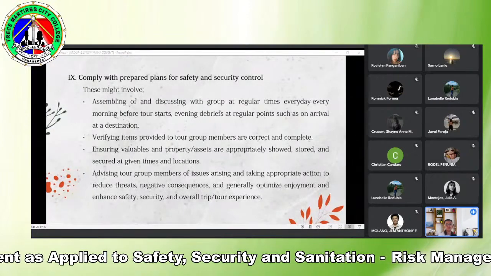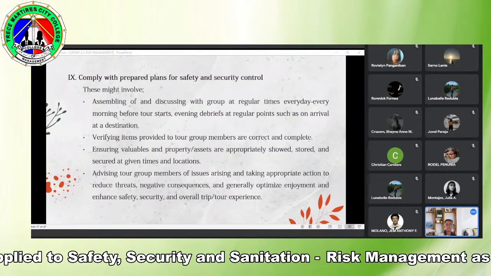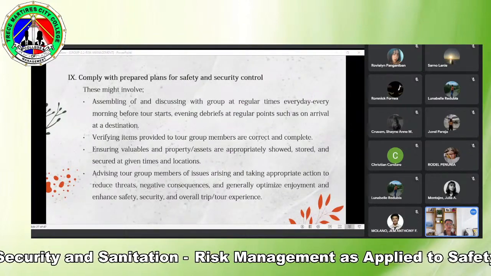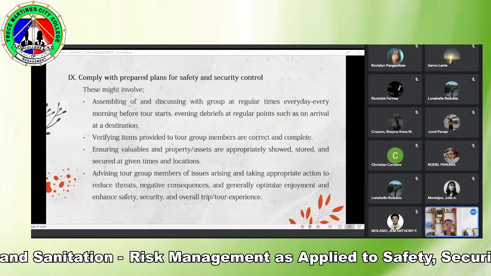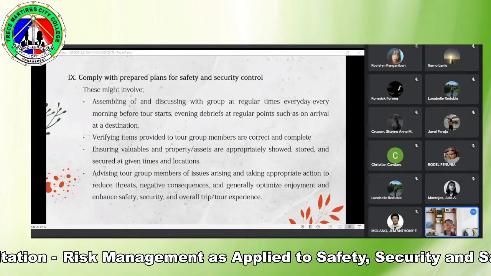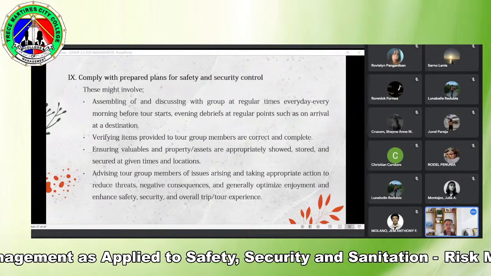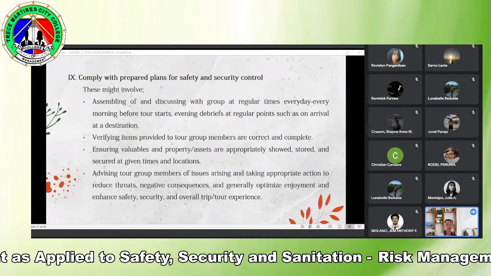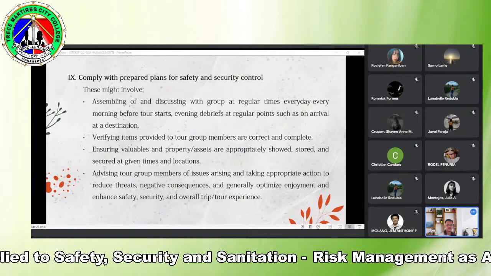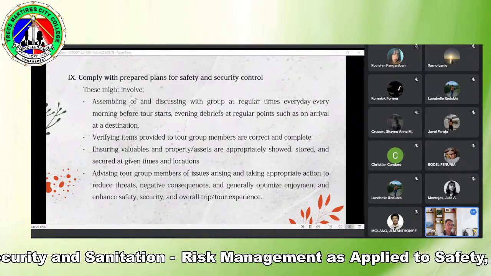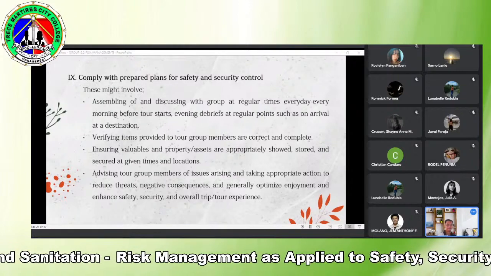What is the meaning of briefing and debriefing? What is the difference? Yung nakalagay, if morning before you start is briefing. Evening after the operation is debriefing. So what is the difference?